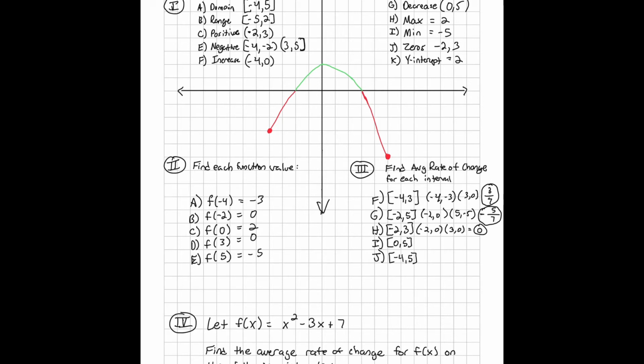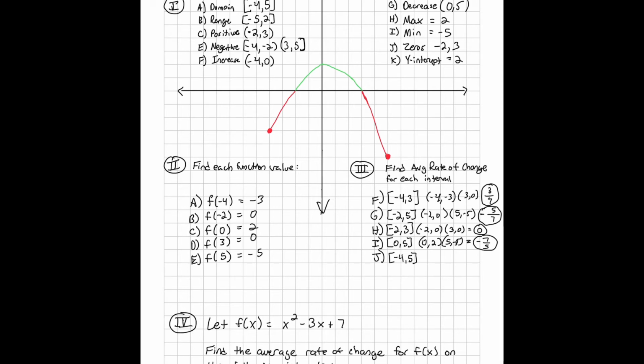And then on I, you're going from 0, 2 to 5, negative 5. It's going to be a negative slope. The rise distance is 7. Run distance is 5.